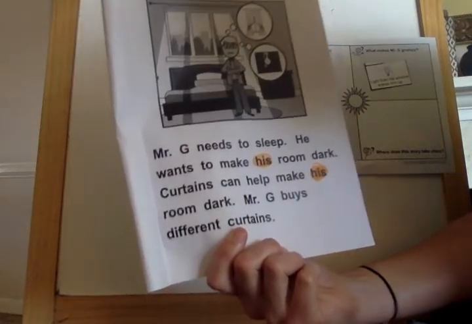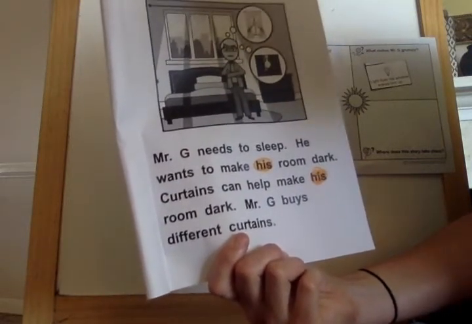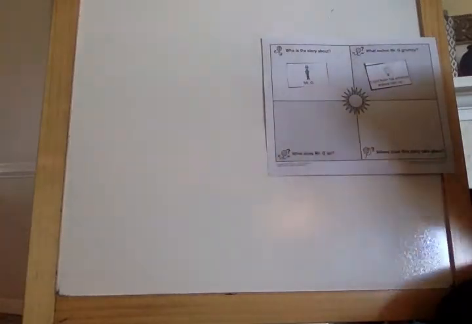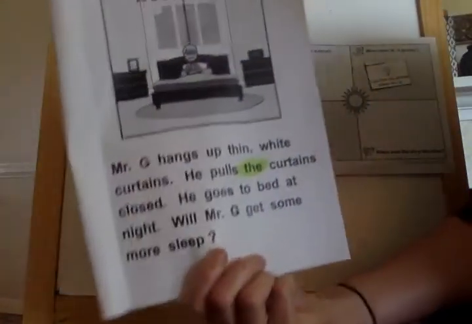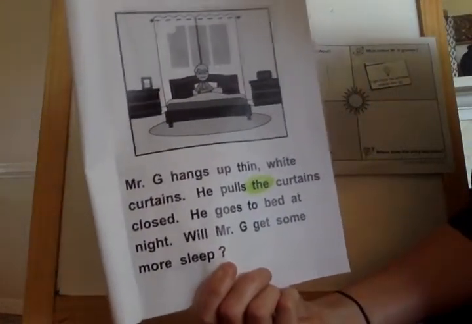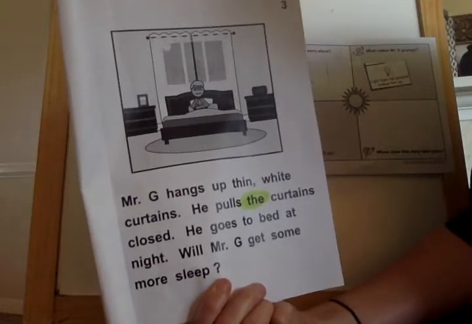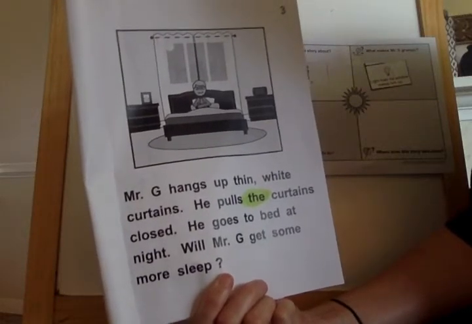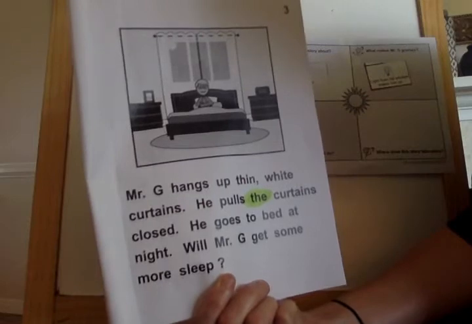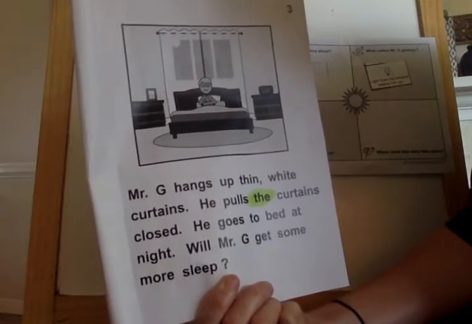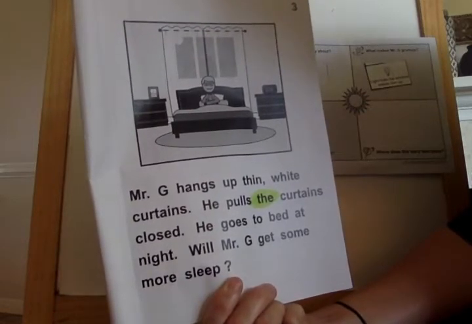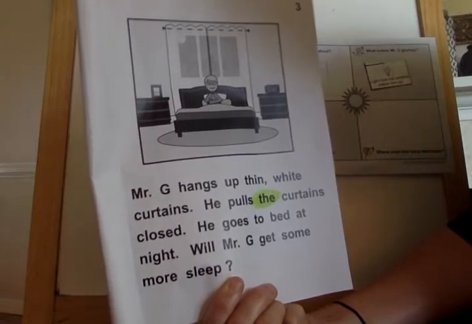So Mr. G buys different curtains. Mr. G hangs up thin white curtains. He pulls the curtains closed. He goes to bed at night. Will Mr. G get some more sleep with the white curtains? No.